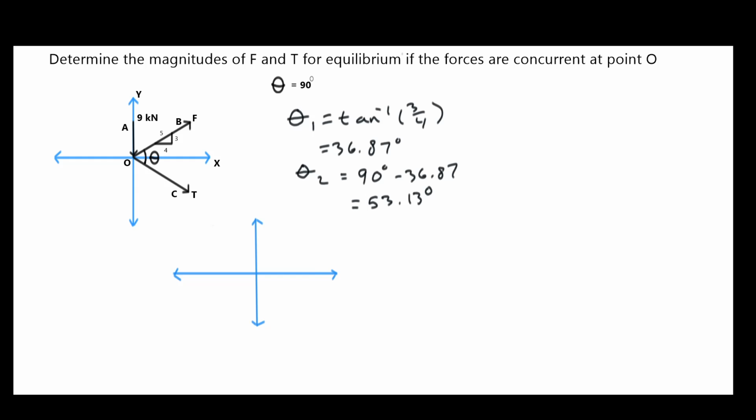So here we have our x and y. And then this will be our vector B, and our vector C.